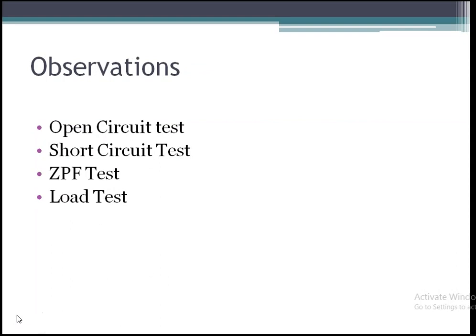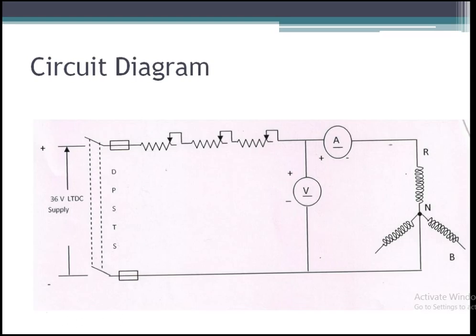First we do the open circuit test, and second the short circuit test. These two test readings can be applied for finding the voltage regulation using the EMF and MMF methods. Let's see how to conduct the open circuit test and the short circuit test.